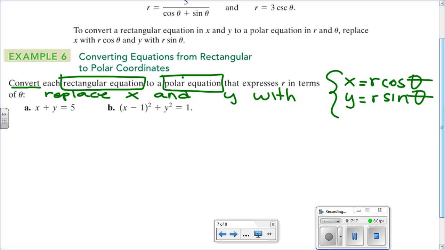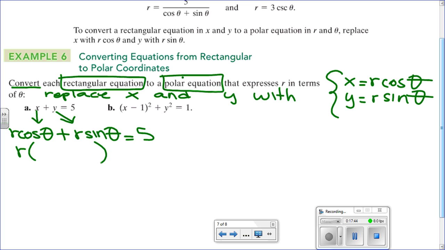So we start here with the first one, a, and instead of x, I will use r cosine theta, plus, instead of y, r sine theta, and that will equal 5. Now, what do my two terms on the left have in common? They both have r. So we can factor out the r, and that turns this into r times cosine theta plus sine theta.